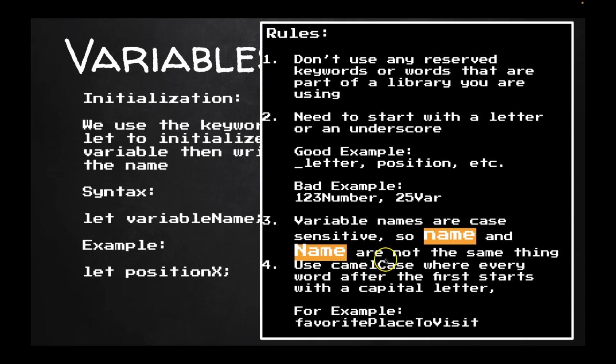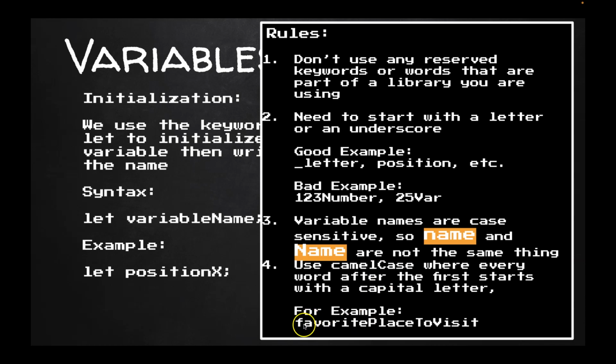That hump is a capital letter. Every time we start a new word, after the first word, so the second word, the third word, the fourth word, the fifth word, doesn't matter, every time we start another word, we're not putting a space to recognize it, we're putting a capital letter. You actually can't have a space in a variable name, it will error out.